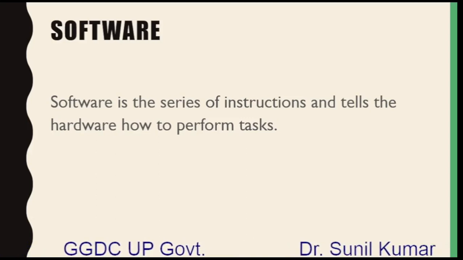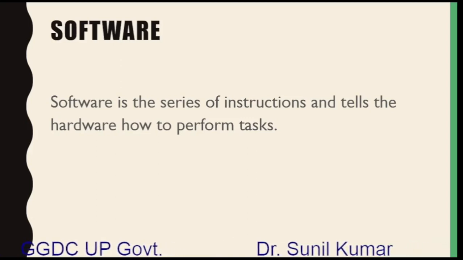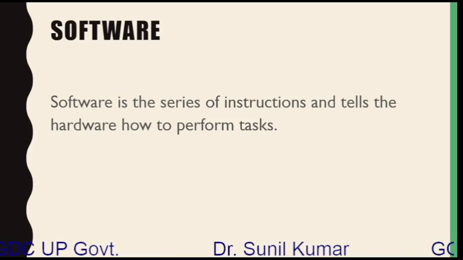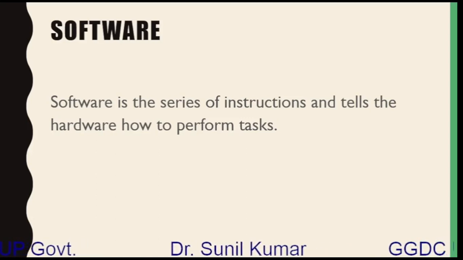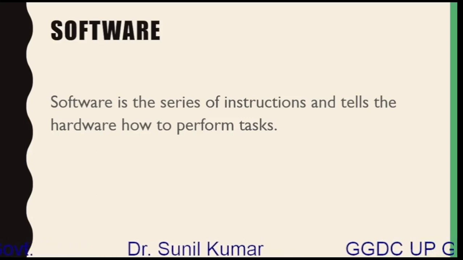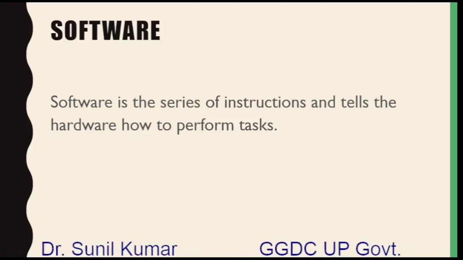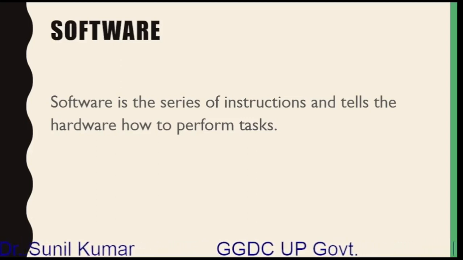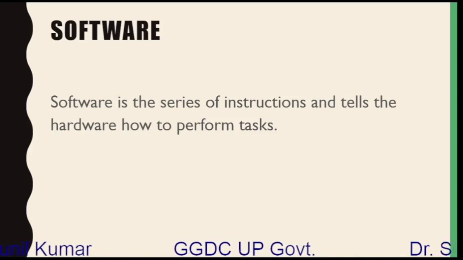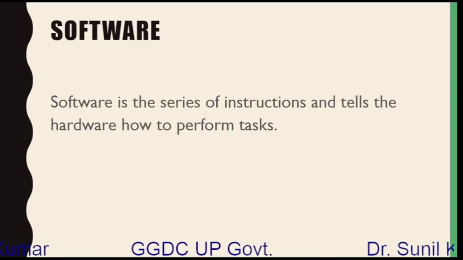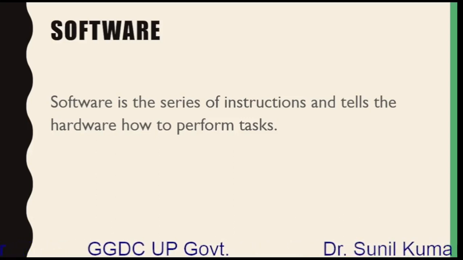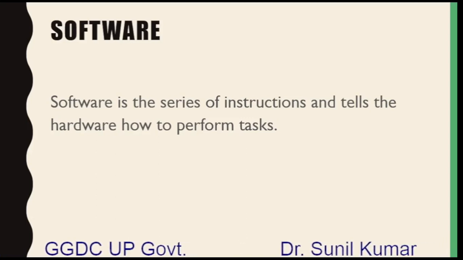Software is typically designed and developed by software engineers and programmers using various programming languages and tools. Once developed, software is installed on a computer system and executed by the computer's processor to perform a specific task.